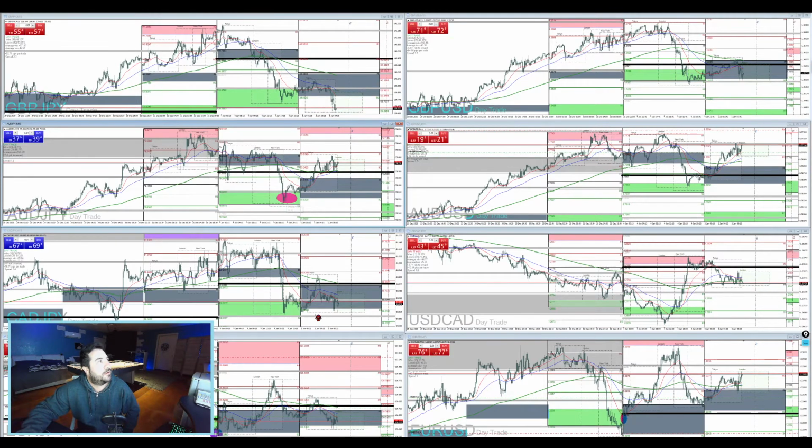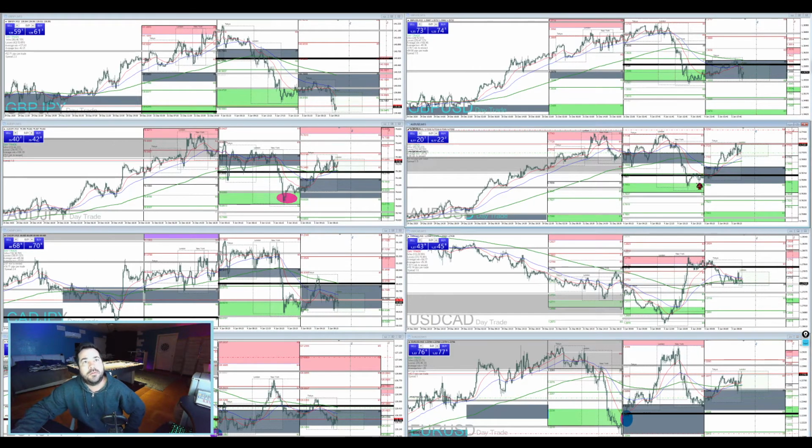No, we're below the M2 right now, but I will continue watching the CAD yen. Yep, still the same setup for the euro yen. Still the same setup here for the euro USD.